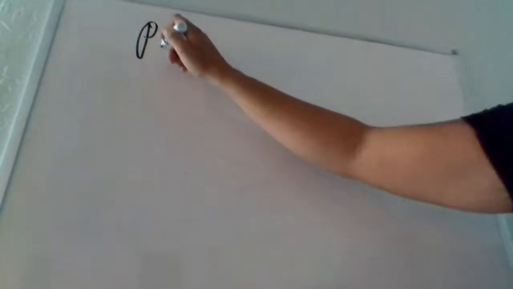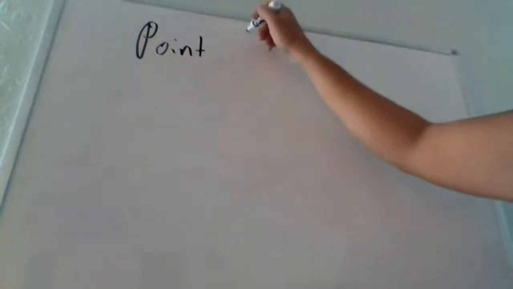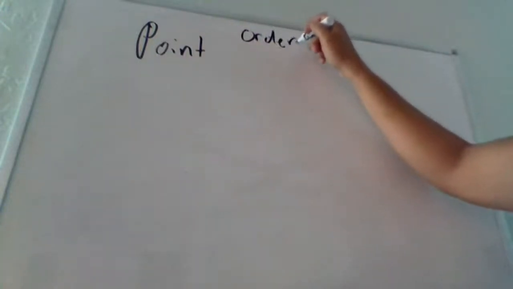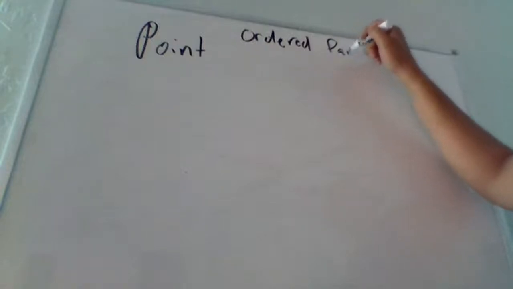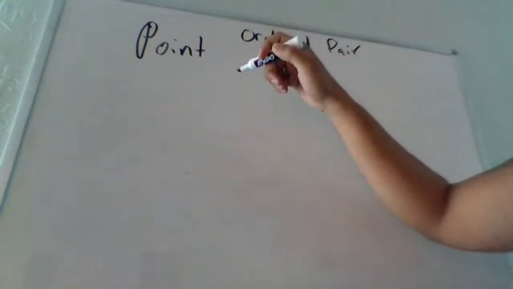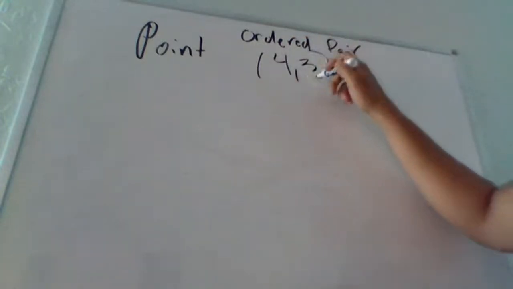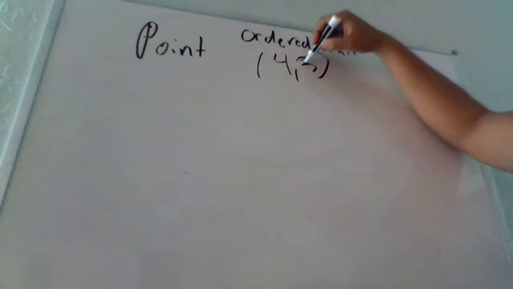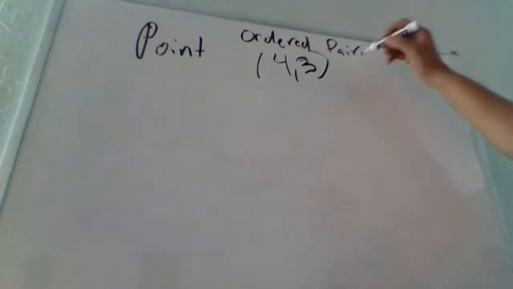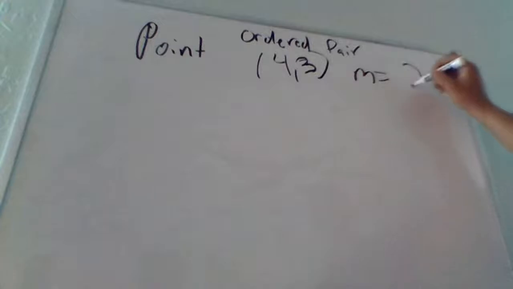Okay, so let's look at another example. This time we're going to use the point slope formula to find the equation of the line that passes through the ordered pair 4 and 3, and the slope is 2.